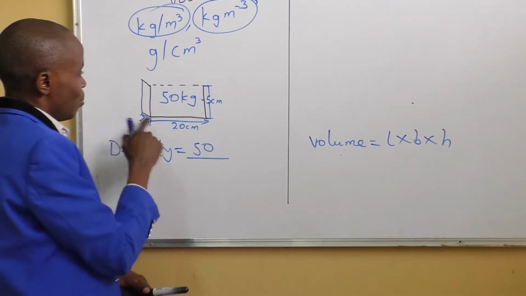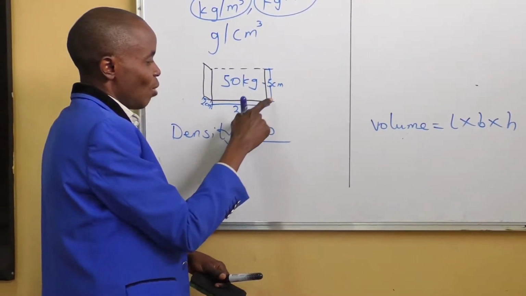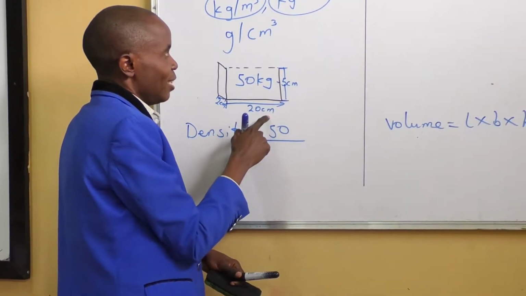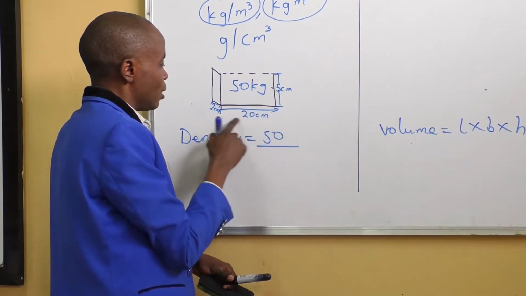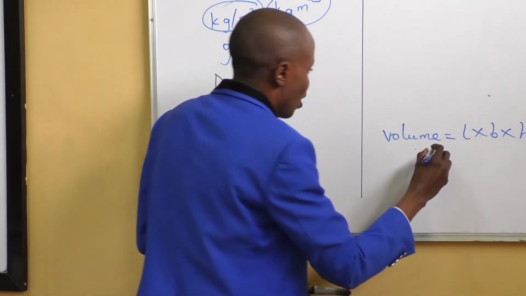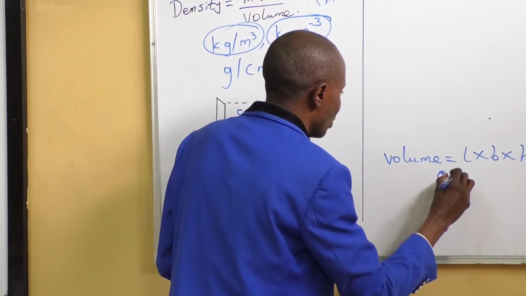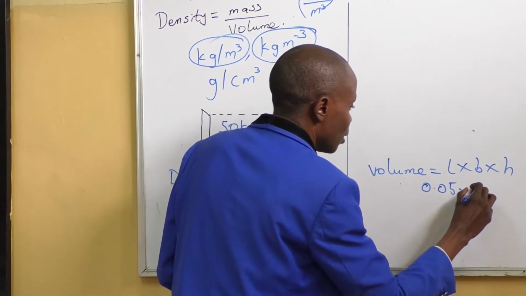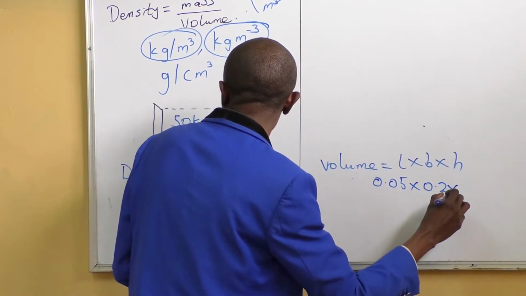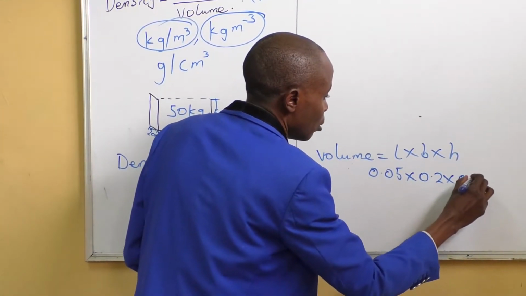Do not forget that all of these are in centimeters, and the SI unit is meter cube, so you must convert all of these to meters. 5 centimeters in meter will give us 0.05. 20 will be 0.2. And 2 will be 0.02.